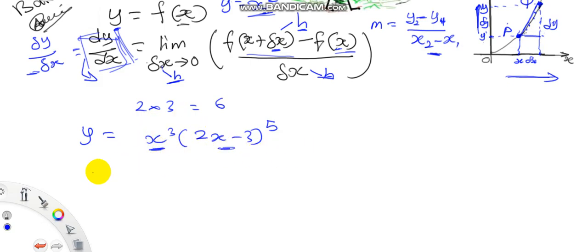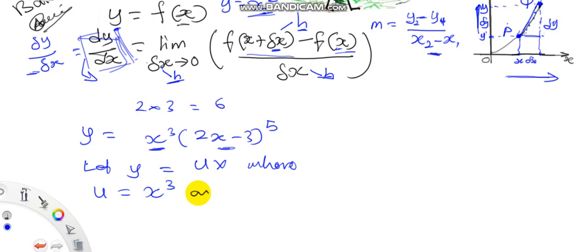Right? So what we try to do, we say let y be equal to uv, where u is x cubed and v is 2x minus 3 all raised to the power 5.